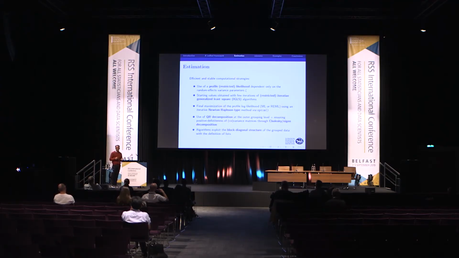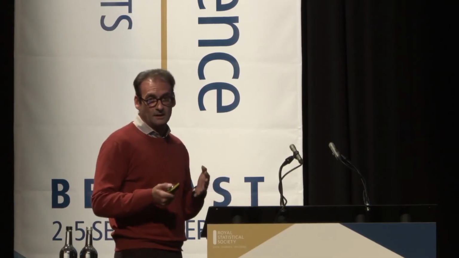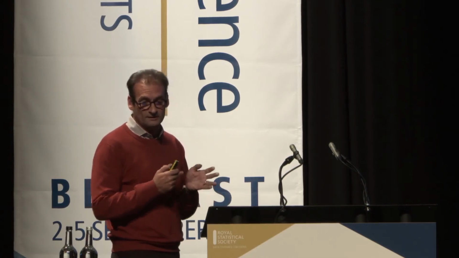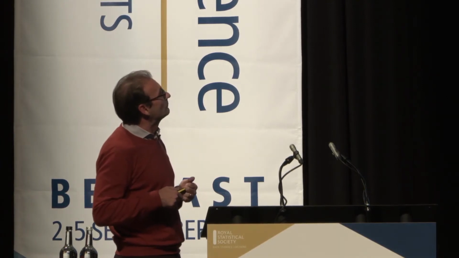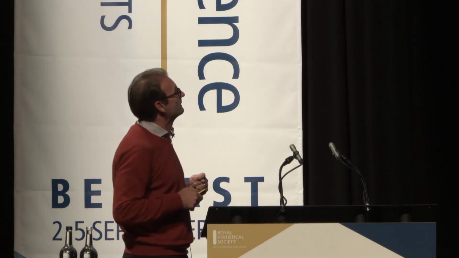So we are within the framework of the linear mixed effect model, and we used heavily the previous results. From the inferential point of view, we used a profile and restricted likelihood approach, using for the fixed effects the maximum likelihood estimate. So the search of the parameters was restricted to the parameters that characterize the between group covariance matrix.